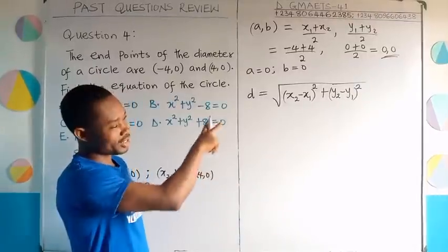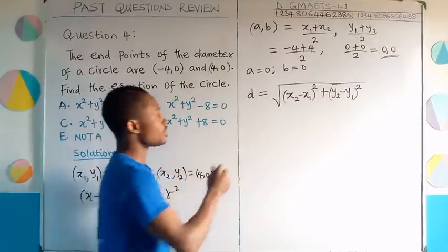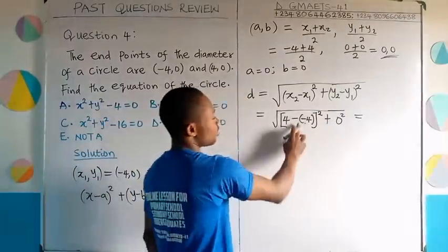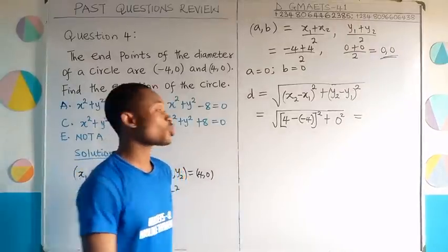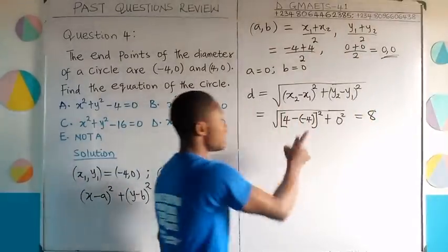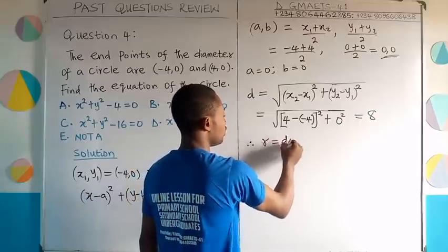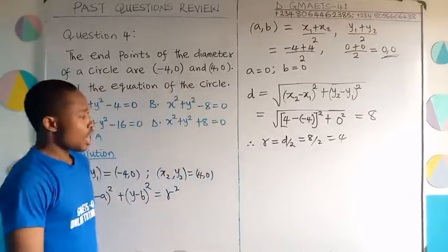So for our diameter, the diameter is the distance between the 2 coordinate points given. Substituting here, we've got square root, and so minus minus will give us plus, and then we have 8 squared. 8 squared is 64, square root of 64 is 8. So that is our diameter, therefore the radius will be equal to d over 2, which is 8 over 2. Our radius is 4. Our problem is solved.